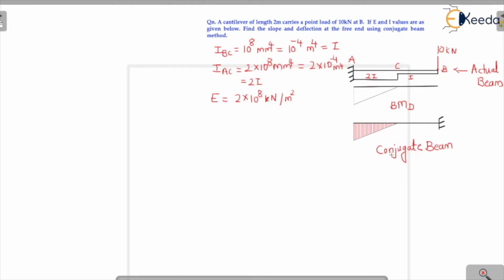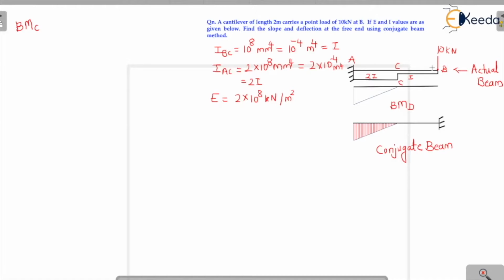Okay, now let us see what is the bending moment at point C. So let us calculate the bending moment. I will start from this end. Bending moment at point C is equal to 10 into 1.